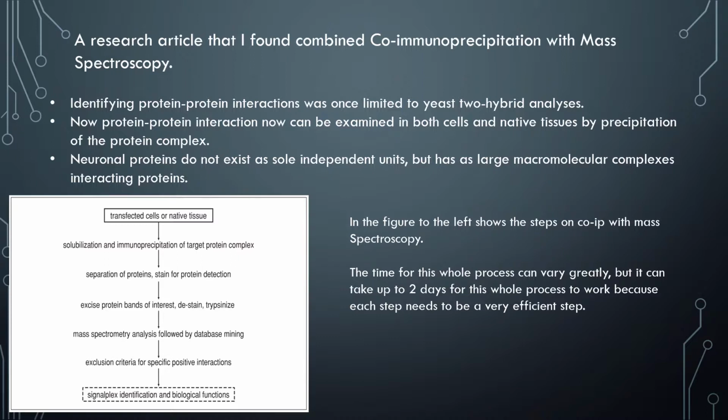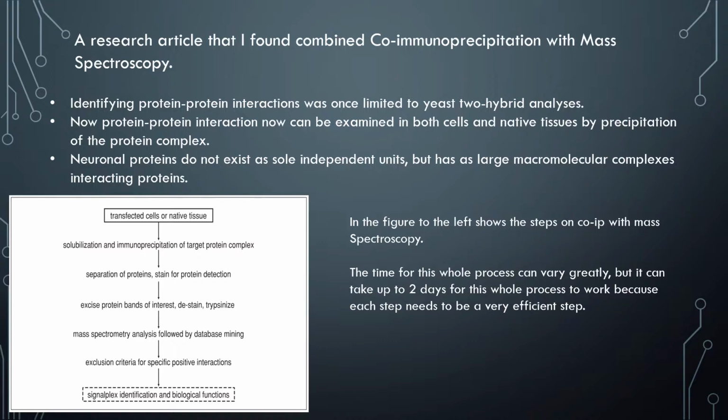The research article that I found combines the co-IP with mass spectrometry. Identifying protein-protein interaction was once limited to yeast two-hybrid analysis.